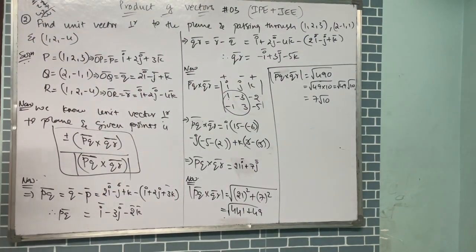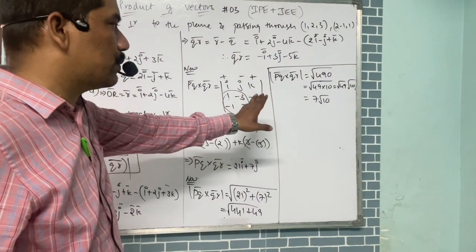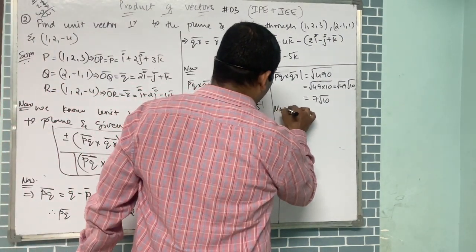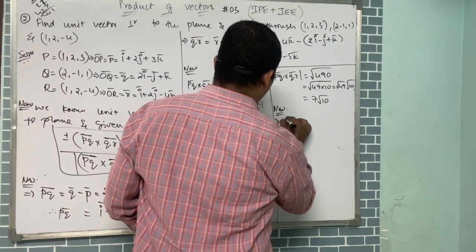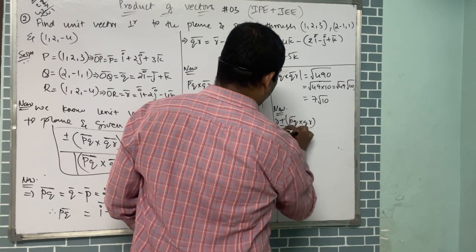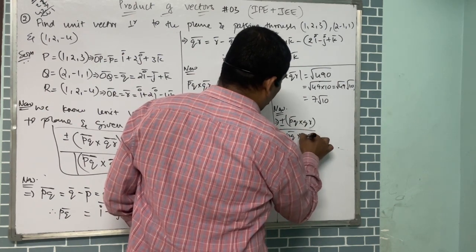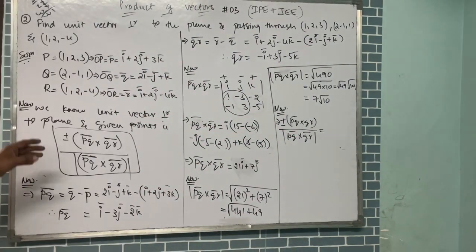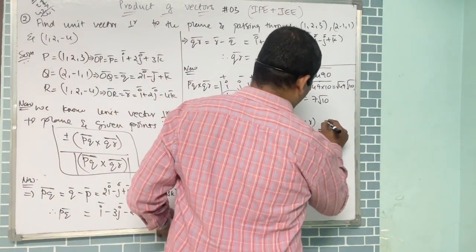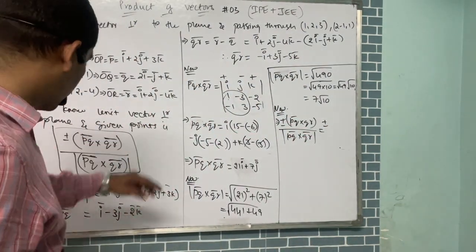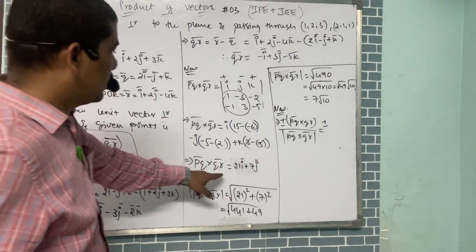So the magnitude of PQ cross QR is 7 root 10. Now we substitute into the formula: plus or minus PQ cross QR by the magnitude of PQ cross QR. What is PQ cross QR? Somewhere we wrote it here.